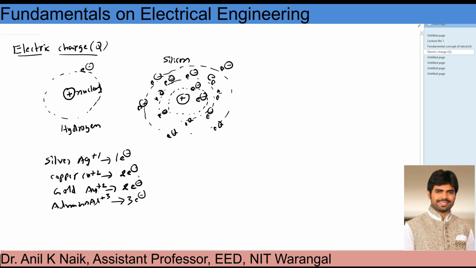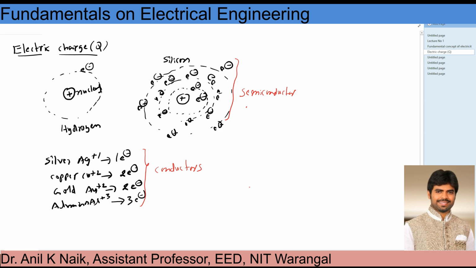So these are some atoms, and you can see the free electrons available in different materials. These materials act as conductors, generally used for our electrical energy transfer purpose. And this silicon is a semiconductor material, you can say.